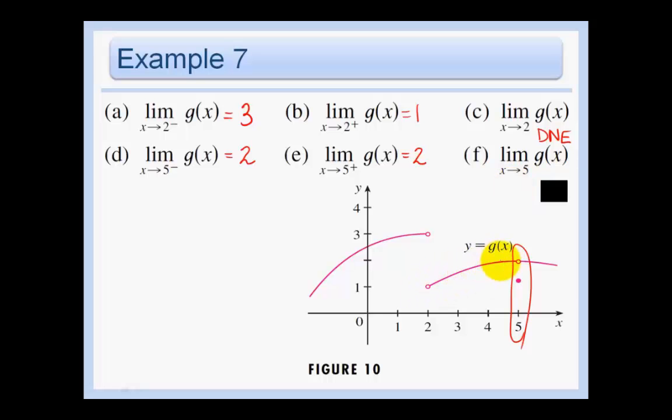Well, from both the left and the right, we're getting close to 2. Do not confuse that with f of 5, because what is f of 5 in this case? What is the value when x equals 5? So note, the limit does not have to equal the function value at that point. And that's it for this lesson.